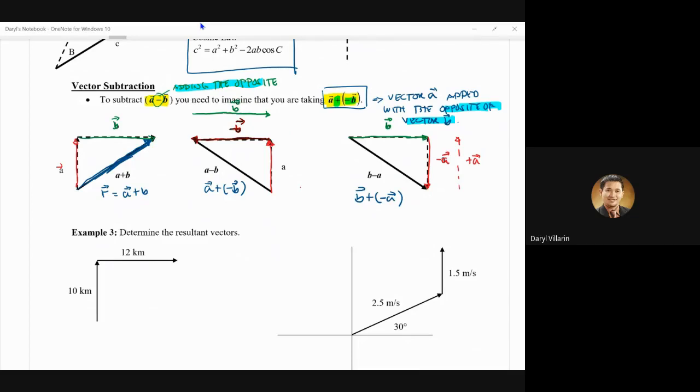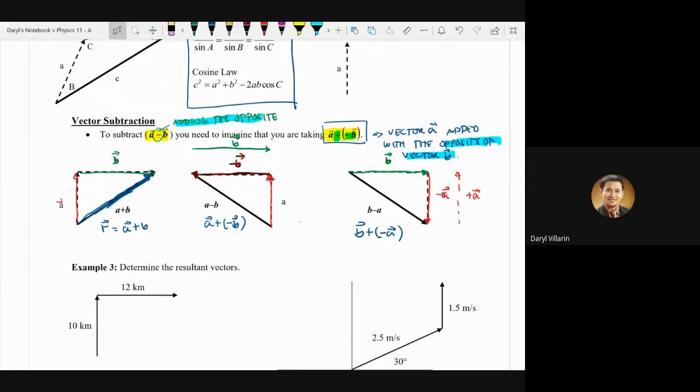Okay. So any question with subtraction here? Because later on, although not so much with physics 11, this is much more applicable in physics 12, like change in momentum, because change in momentum is a vector quantity. So change in momentum is P2 minus P1. However, that is just the same thing as P2 plus the negative of P1. So you're going to do it this way. You're adding the opposite.